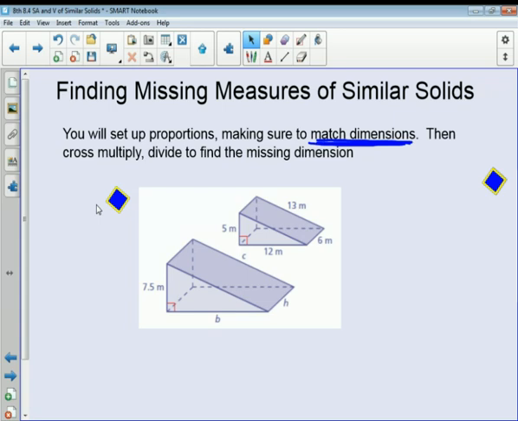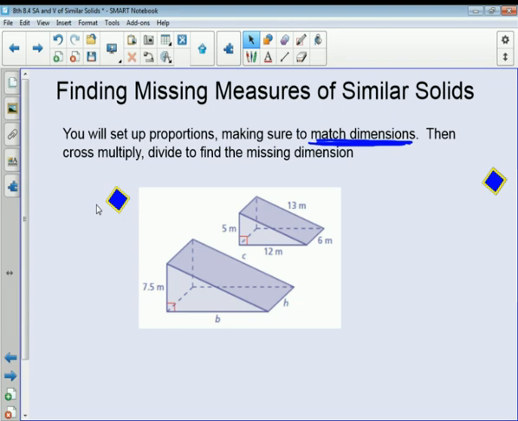So here, if we were to go through and find B, H, or C, we could actually, on this one, go ahead and do all three of them. We just need to have the same two pieces from each figure.